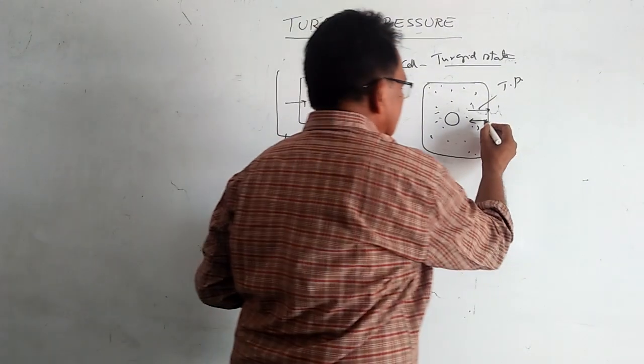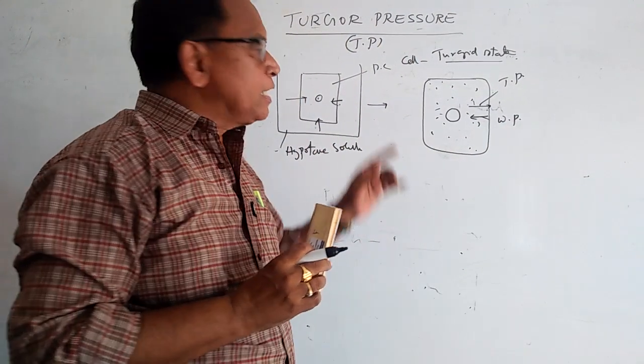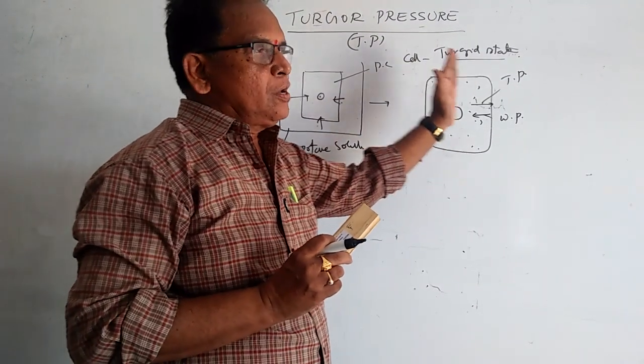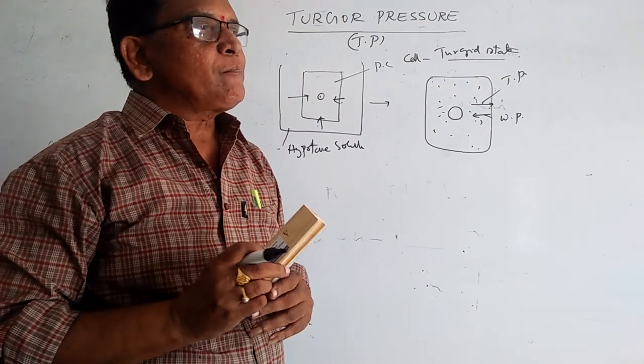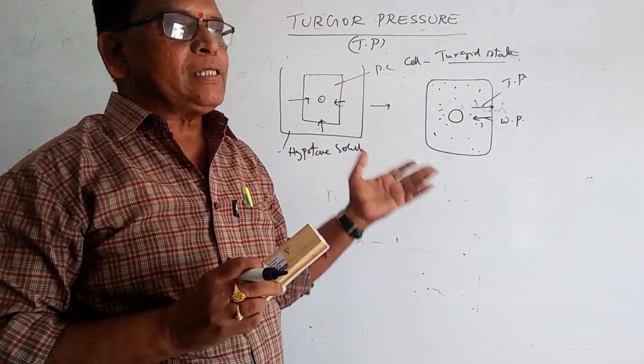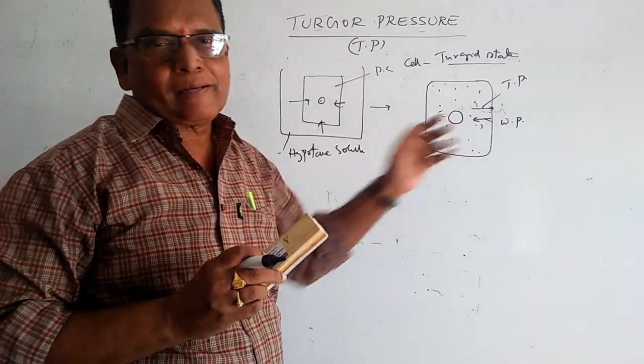This pressure is called WP or wall pressure. So the turgor pressure is created by the cytoplasm from inside to outside onto the cell wall, and at the same time an equal and opposite pressure is created by the cell wall towards the cytoplasm. That pressure is known as wall pressure.